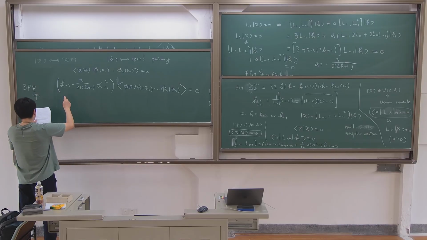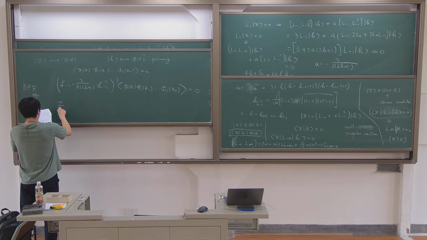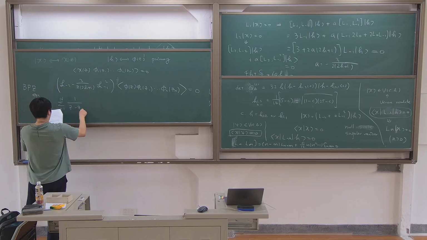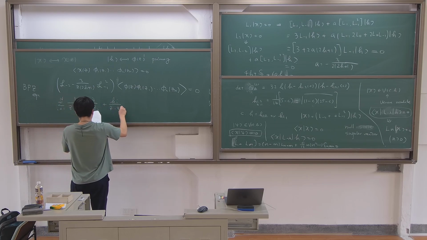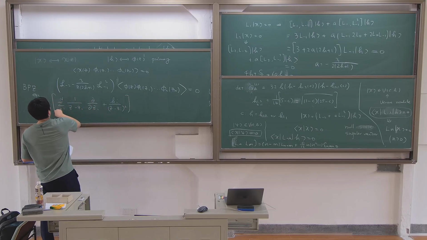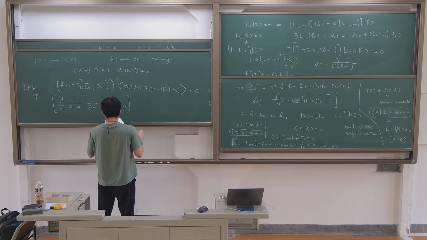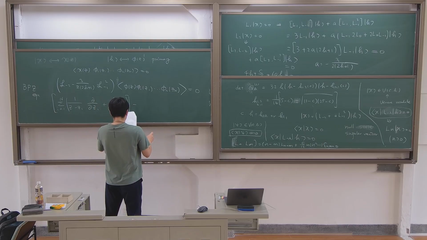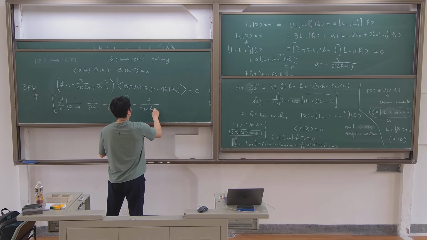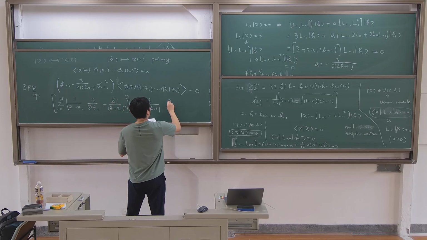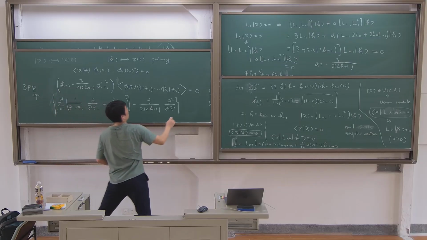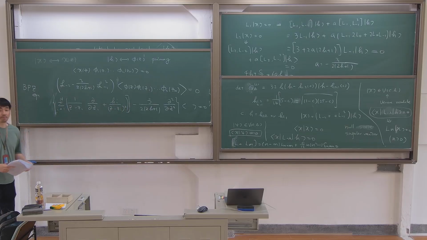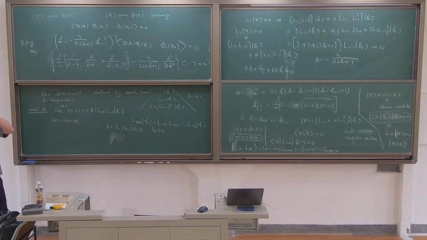If you write this down, it is acting on the correlation function. That's what we learned last time. If you don't understand, you should review the previous lecture.